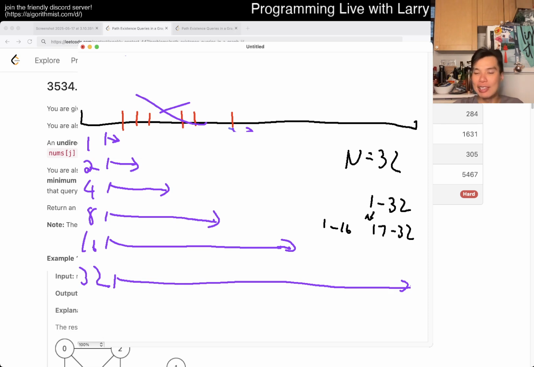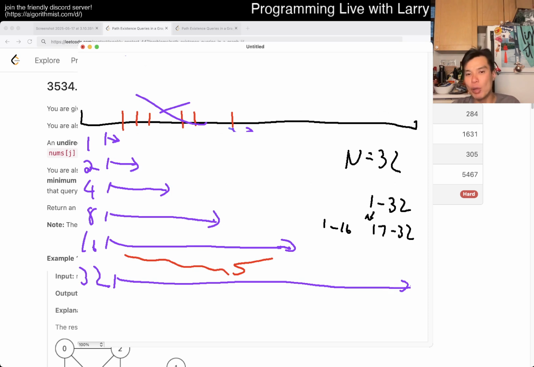Then you could ask yourself, to refine it, and this is just binary search, can we do it in 1 to 16 moves or 17 to 32 moves, right? That's basically looking at this thing, and how far we have to jump.